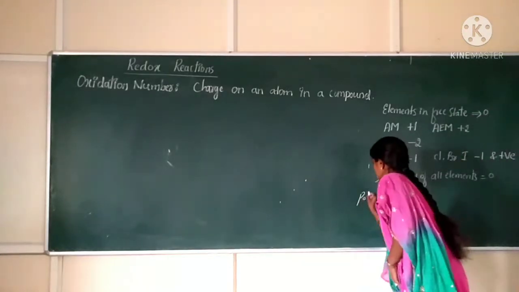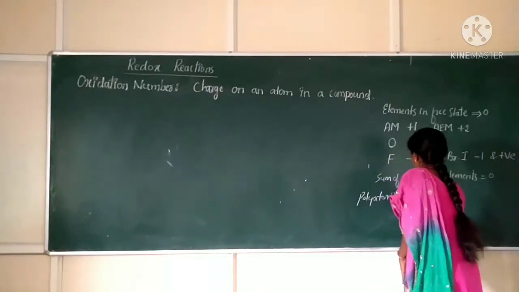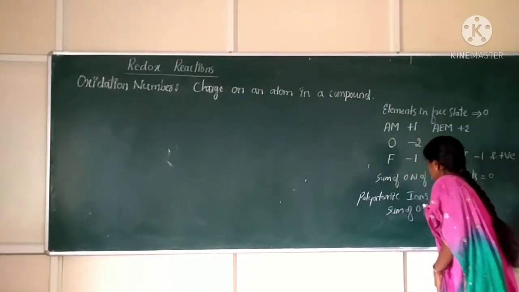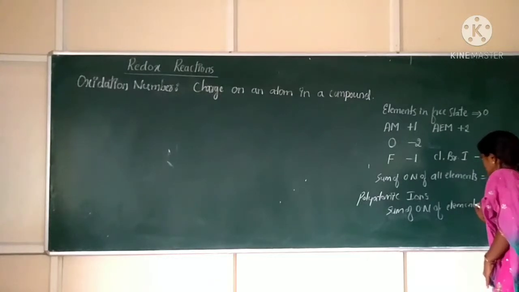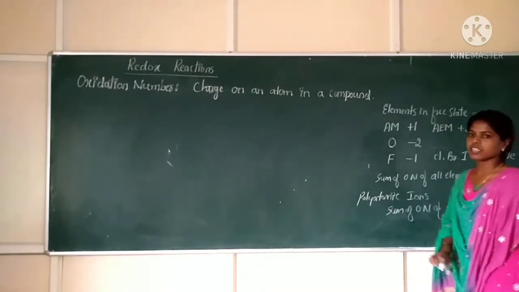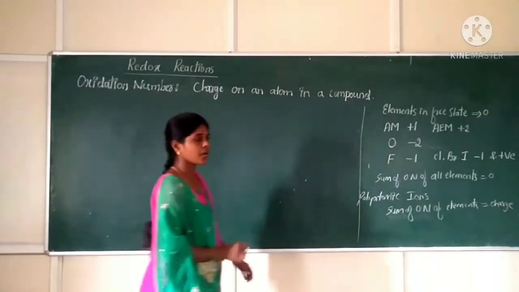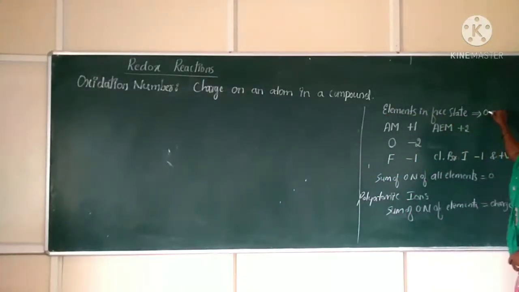In polyatomic ions, the sum of oxidation numbers of the elements is equal to the charge on the ion. So these are the rules to find the oxidation number.